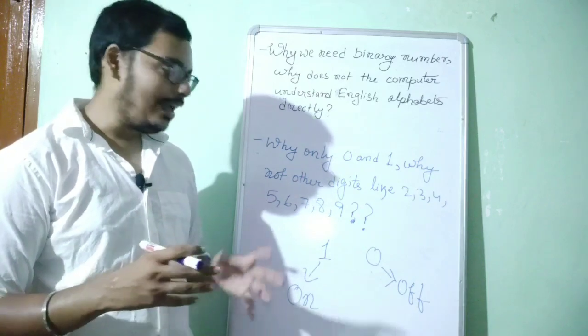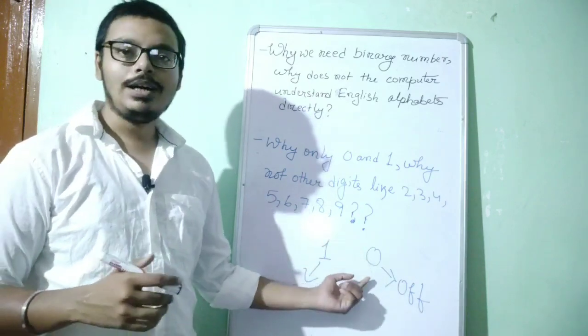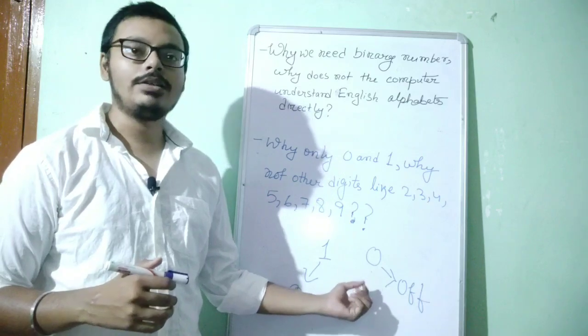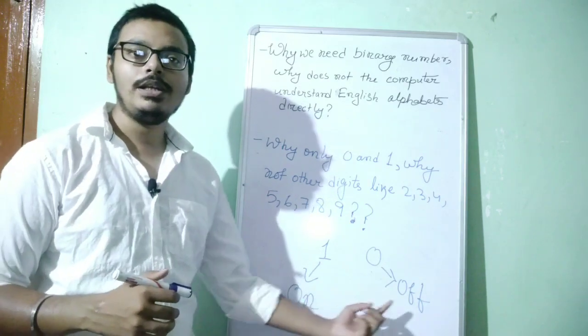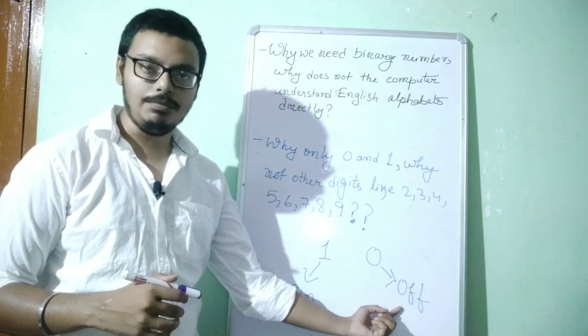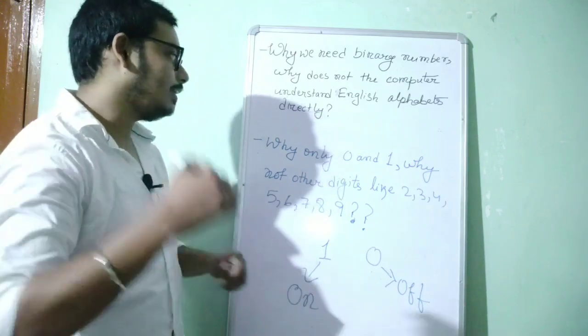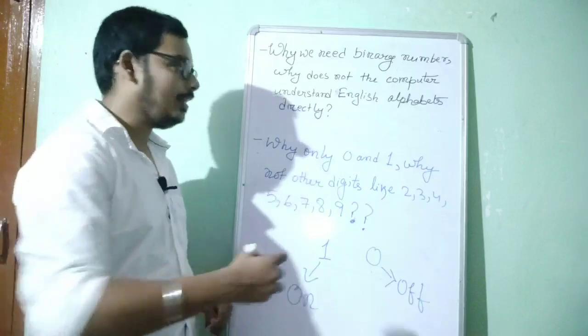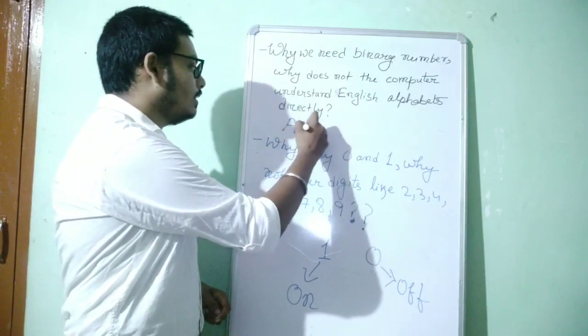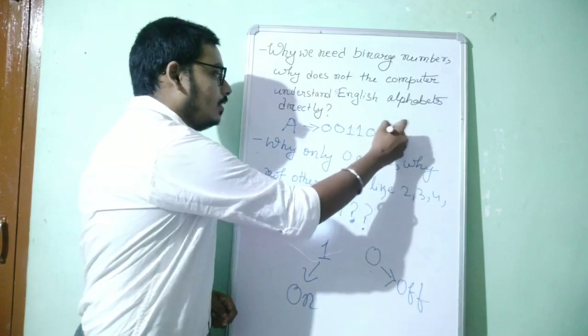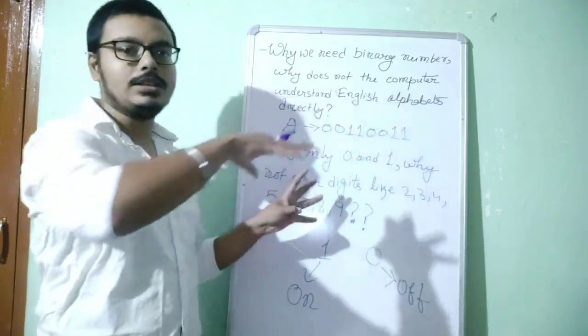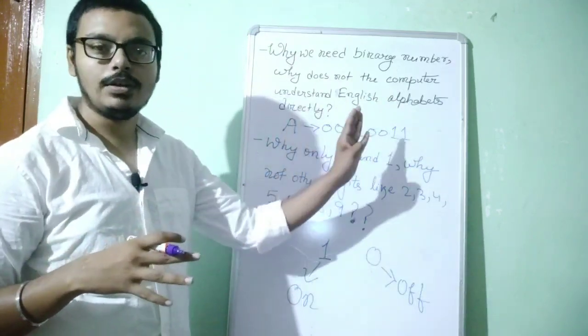But in reality everything is stored as either electricity is passed or electricity is not passed. So in the example I have taken, where A has this value, this is just a simple example. What does this mean in reality?